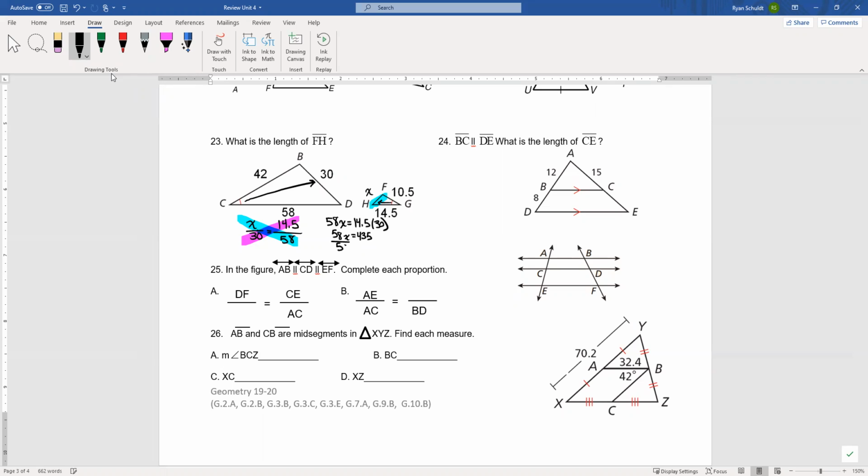Divide by 58. And we get x equals 7.5. Well, our x represents FH. So that means that FH is 7.5.